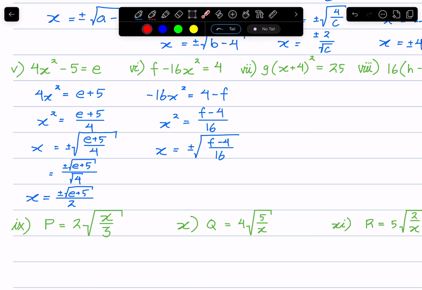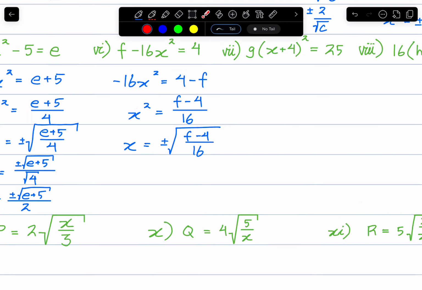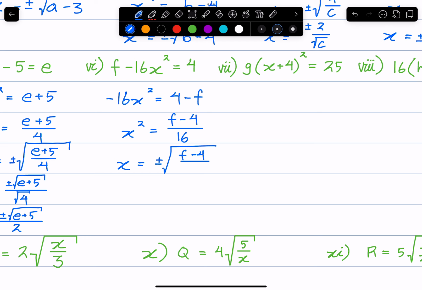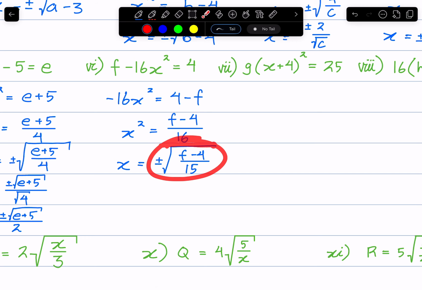Now, this idea that I'm splitting the big square root, I'm choosing to do it since I know that 16 will become a 4. If this 16 were instead, say, a 15, square root 15 is not an integer. So I would actually leave it like this if I know that the numbers in the split won't simplify.